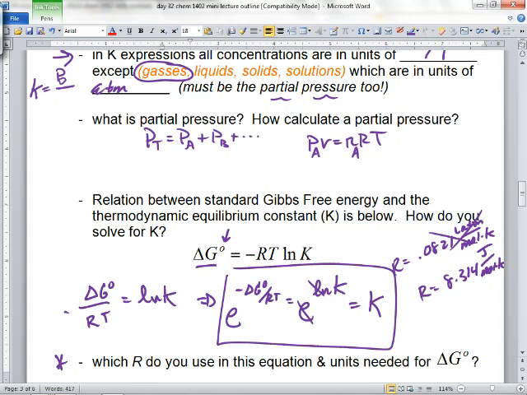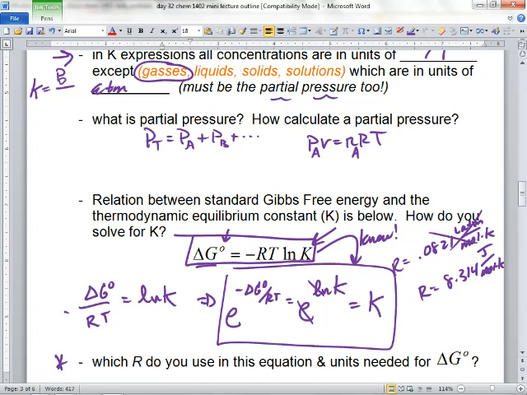This is the equation I give you, what's given on quizzes and homework. Know how to go from one to the other.